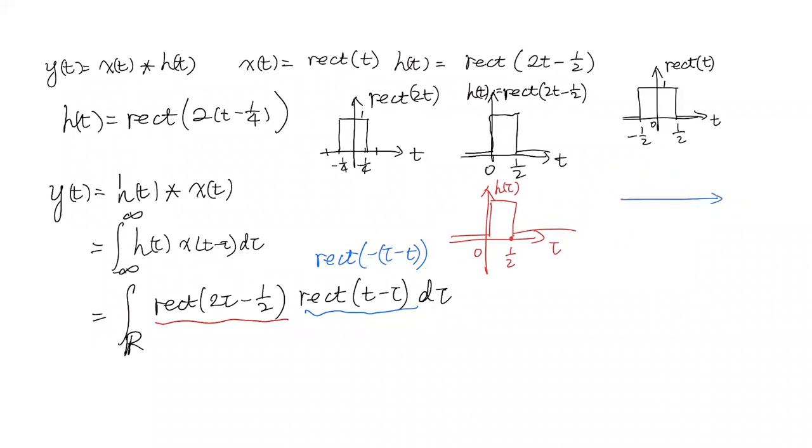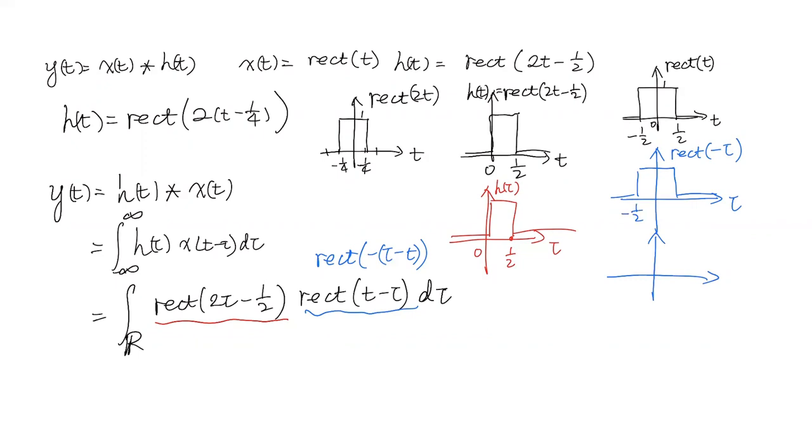So you have the rectangular t here. We can change the t to tau, doesn't matter. So let's assume this is tau, and we flip left and right. It doesn't change because this is a symmetric one. Now I write rectangular negative tau function, and then I move it to the right by t steps.